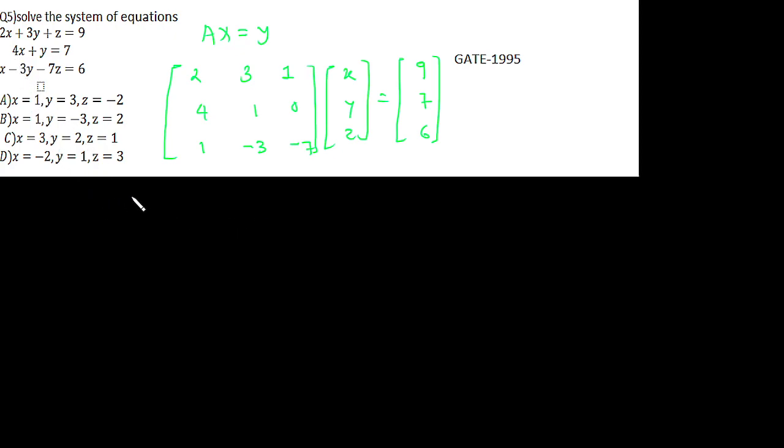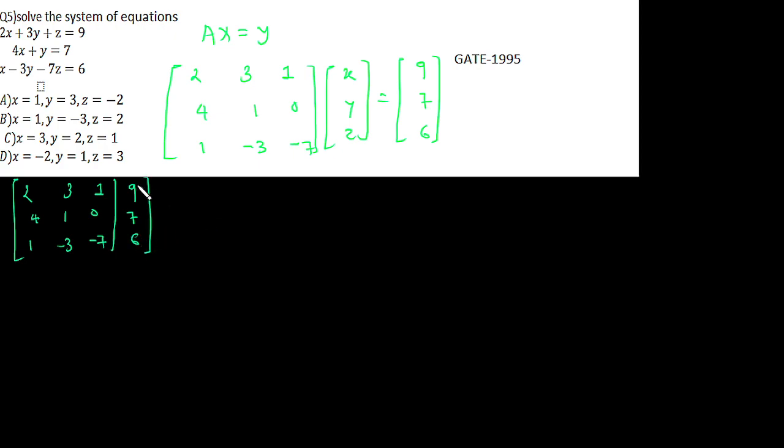So let's form the augmented matrix from here. So here we are getting 2, 3, 1. Now here we have 9. Here 4, 1, 0. We have 7. Here 1, minus 3, minus 7. We have here 6. So now what do we have to do?